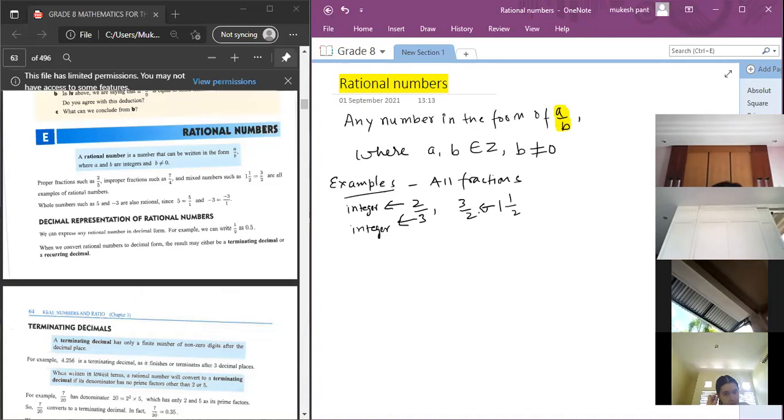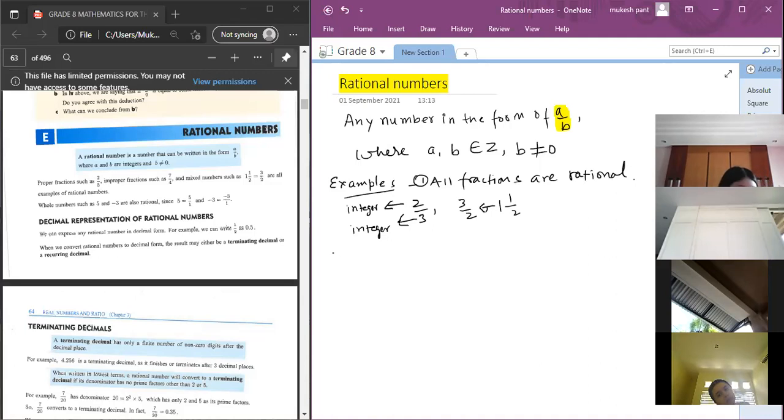So this is also a fraction. For a fraction, the upper part and lower part both should be integers. Correct? So all fractions are rational numbers. This is one example. All fractions are rational.